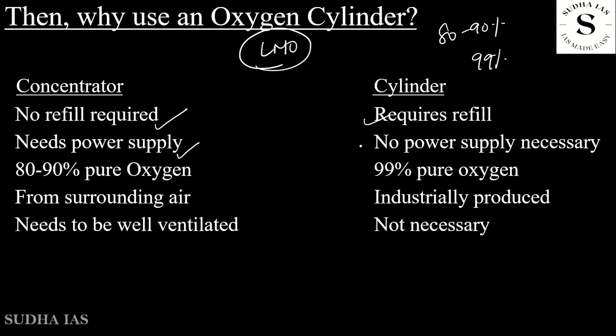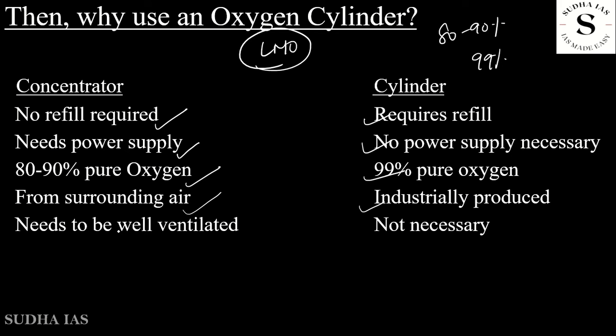Whereas an oxygen cylinder does not depend upon any power supply. An oxygen concentrator is able to provide about 80 to 90% pure oxygen, whereas from an oxygen cylinder, you're able to supply 99% pure oxygen. With a concentrator, oxygen is produced from the surrounding air, whereas liquid medical oxygen is produced industrially.